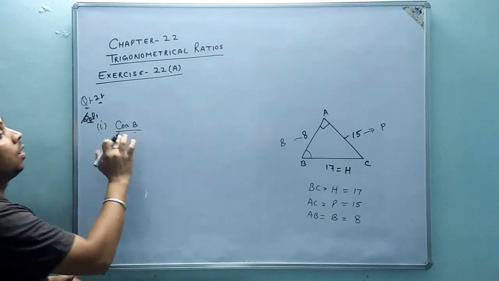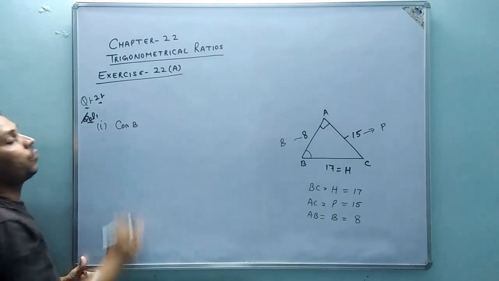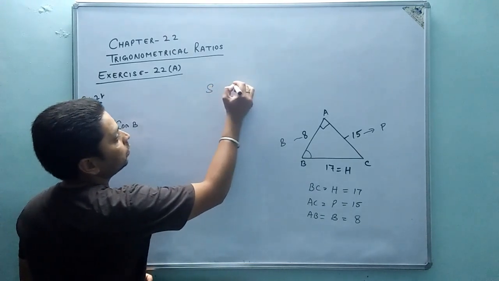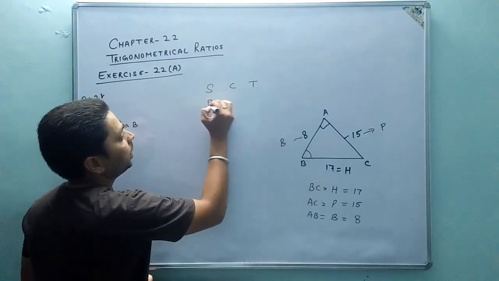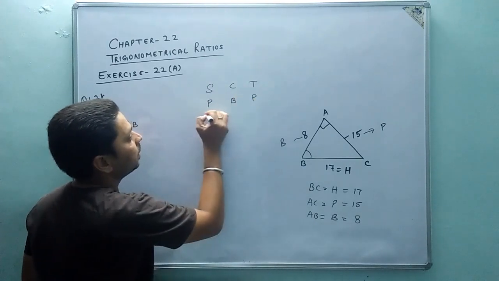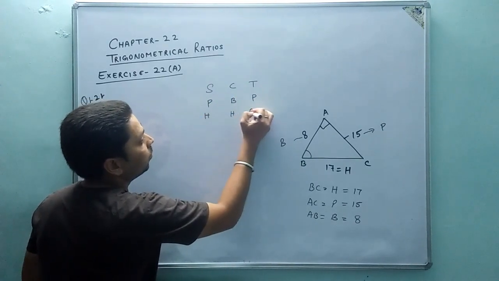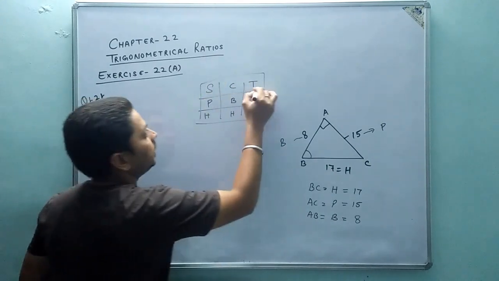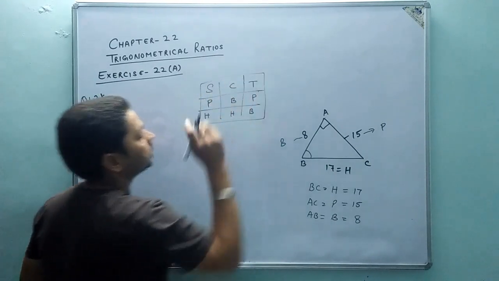Now cos of B we have to find. What is cos of B? Again, the table: Sona Chandi Tole, Pandit Badri Prasad Har Bole. It hardly takes a few seconds to draw this table.